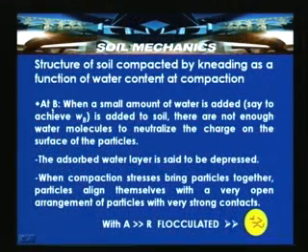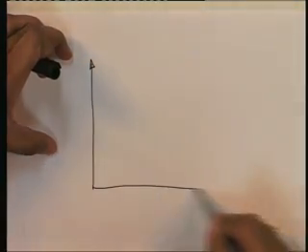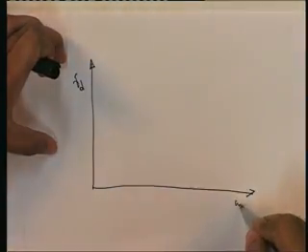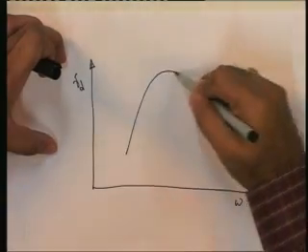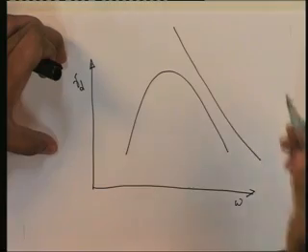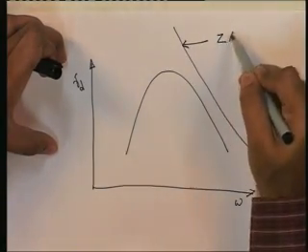Let us draw the same diagram over here for ready reference. Gamma d versus water content, the compaction curve, this is the zero air voids line.